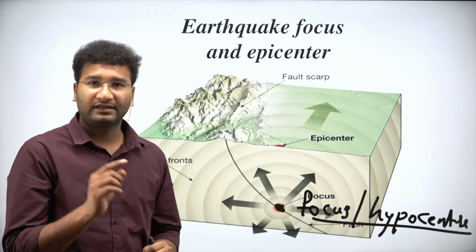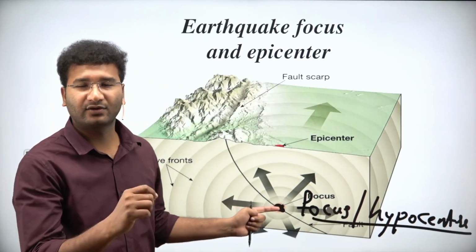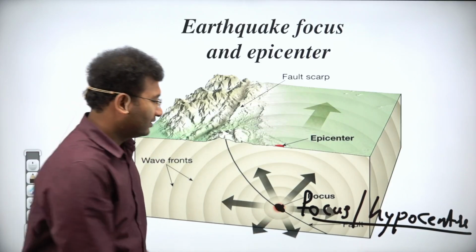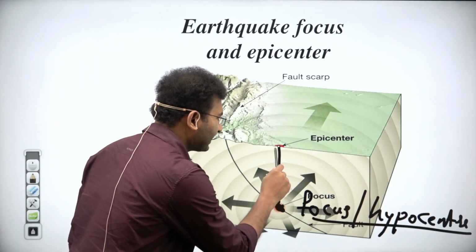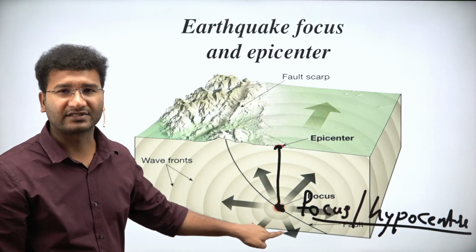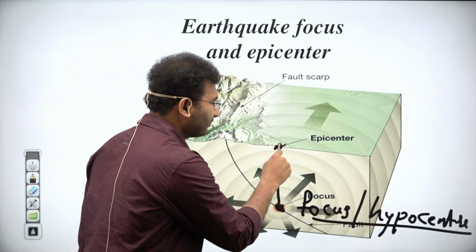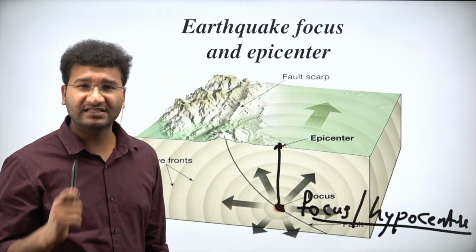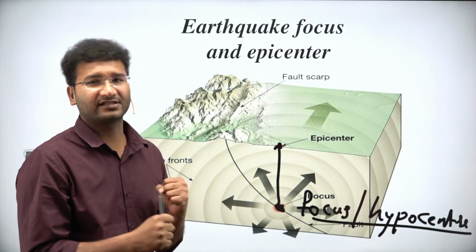Now the nearest point to the focus is called the epicenter. The nearest point is exactly perpendicular to the focus. The epicenter is the place where the highest energy is received.